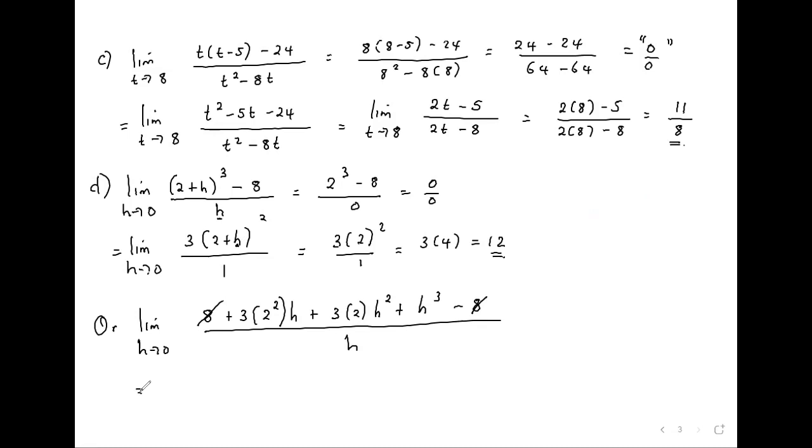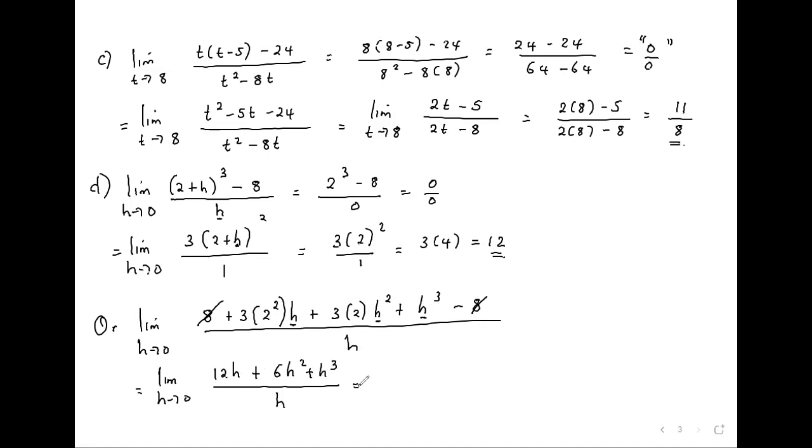Because we've taken away the constants, whatever I've written here has h in it. So now we have the limit as h goes to 0 of 4 by 3, that is 12h plus 6h squared plus h cubed over h.